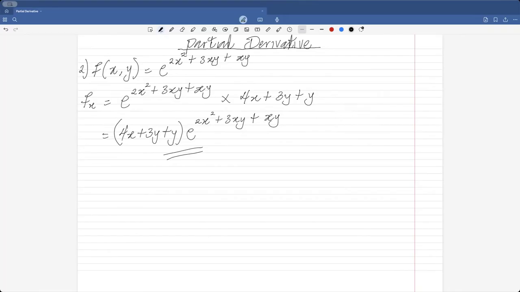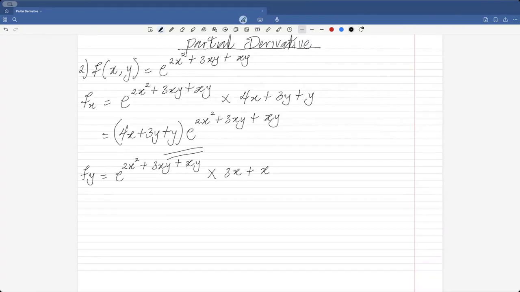If we are to find it with respect to y, the same thing, the outside function is e to the power of 2x squared plus 3xy plus xy, multiplied by the derivative of the inside function. The derivative of 2x to the power of 2 is 0, followed by 3x plus x.